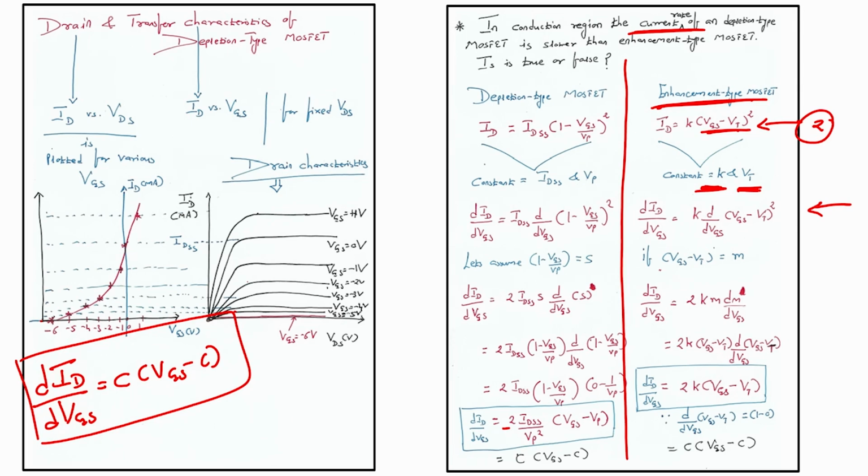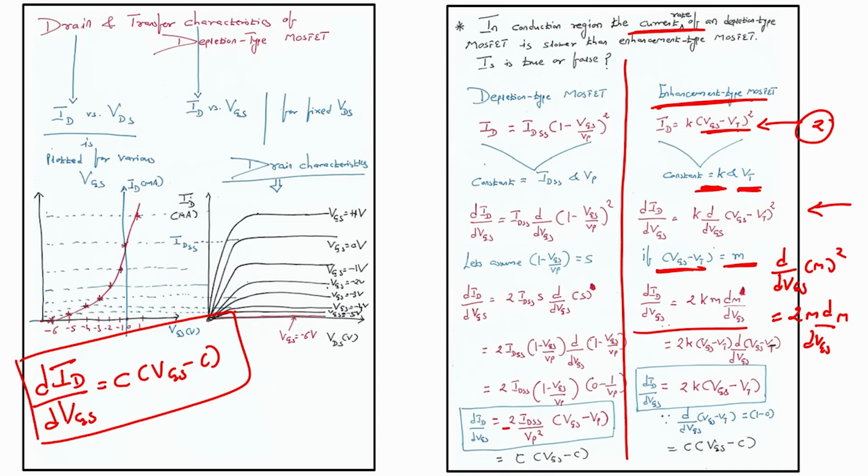Now, if I assume VGS minus Vt is equal to M, then I will have dID by dVGS equals 2 times K M dM by dVGS. Again, it is a similar thing: d by dVGS of M square is nothing but 2 times M d by dVGS of M.